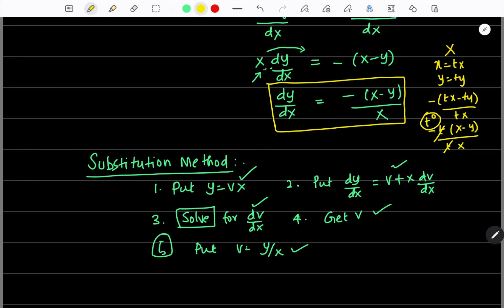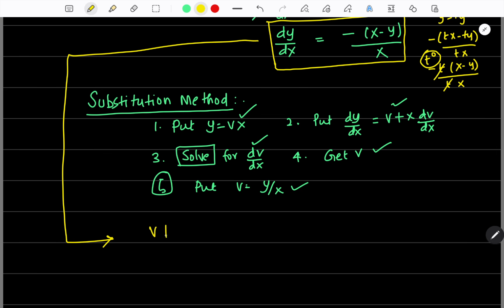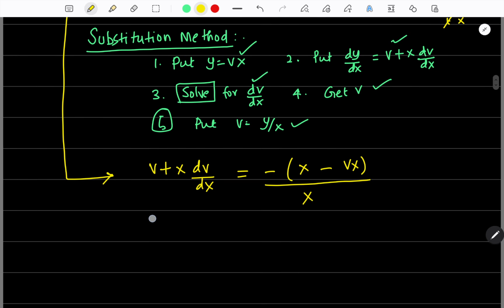Okay, right. So let's start now. So this is your equation. I will start from here. dy by dx, which is v plus x dv by dx, equals minus bracket open, don't touch x minus y. y is equal to what? y is equal to vx, over x. So this equals v plus x dv by dx is equal to minus, there is an x common term.